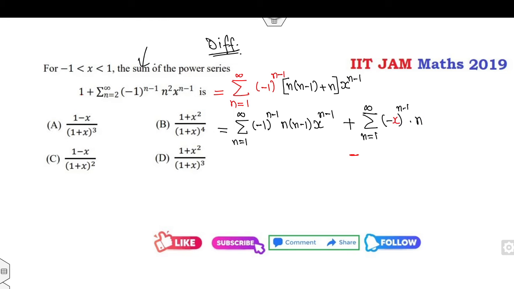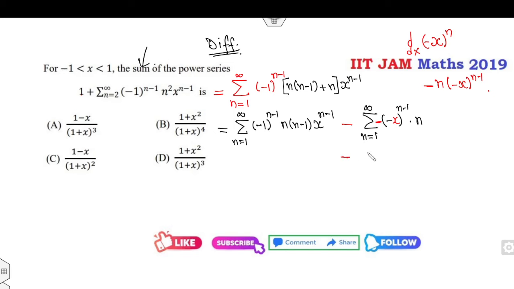Now clearly, if you consider this expression minus 1 raised to power n, what is the derivative of this expression? It is n into minus x raised to power n minus 1 into minus 1. So that means there is a need of one negative sign. Fine. I can replace this positive sign with a negative sign.